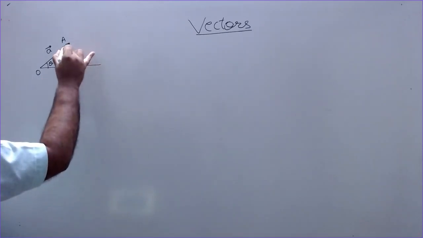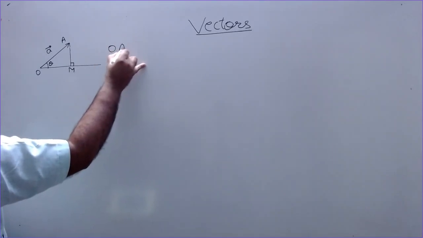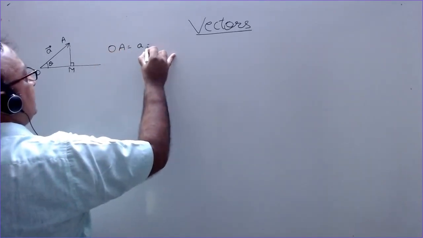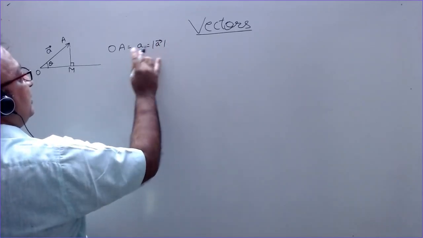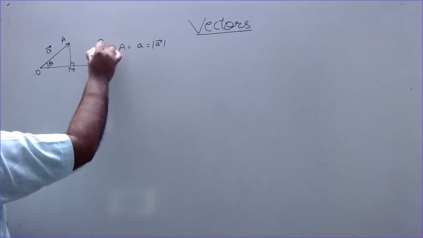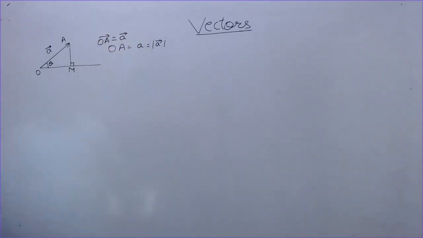So what I can write is, the magnitude of this vector OA is equal to A, also written sometimes as modulus of A, one and the same thing. And vector OA is equal to A. A vector is always specified with respect to a fixed position, called the origin. O is the origin here.